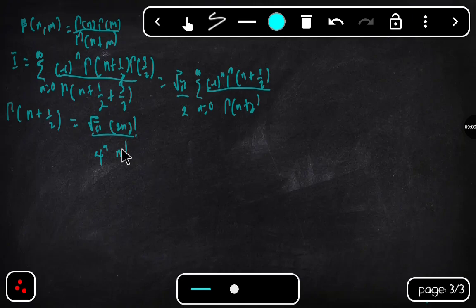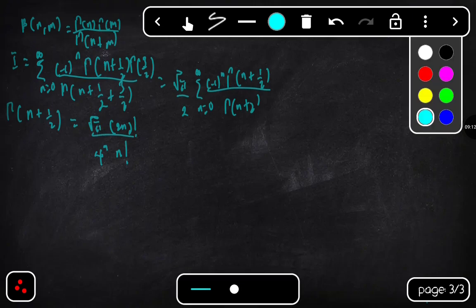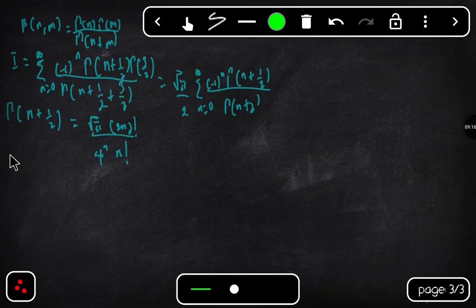Okay, so we can now say, let me just use my green marker, I is equal to root pi over 2 multiplied by the sum of n from 0 to infinity of (-1)^n. So instead of writing gamma of (n + 1/2), we can just write root pi times (2n)! over 4^n times n!, then multiply by gamma of (n + 2).